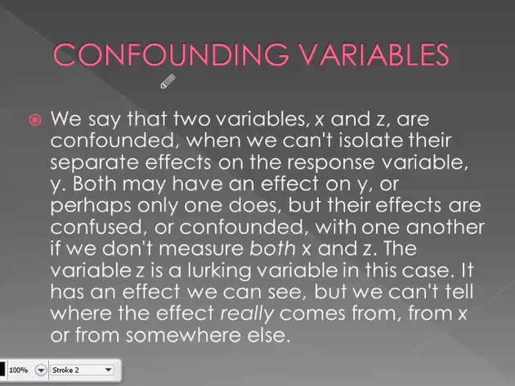Confounding variables: we say that two variables x and z are confounded when we can't isolate their separate effects on the response variable, y. Both may have an effect on y, or perhaps only one does, but their effects are confused and confounded with one another, so we don't measure both x and z. The variable z is a lurking variable in this case, and it has an effect that we can see, but we can't tell whether the effect really comes from x or from somewhere else.